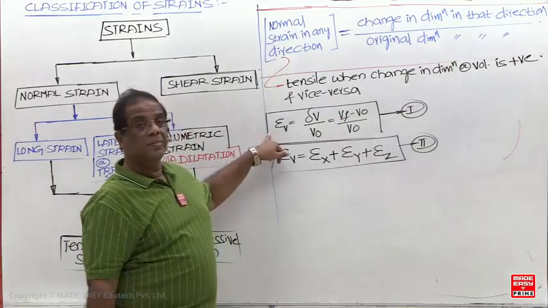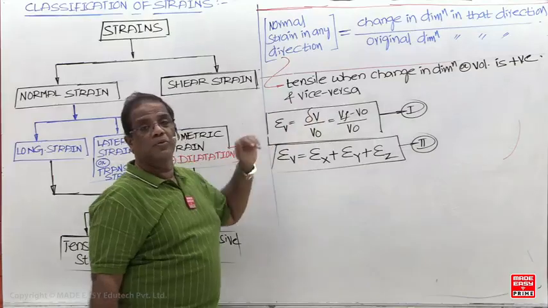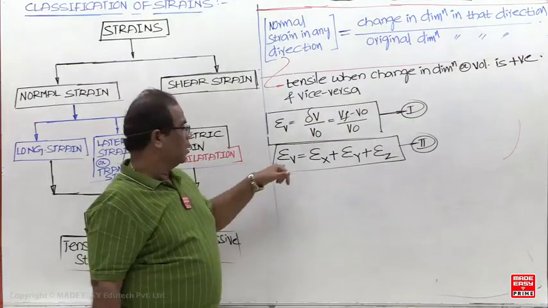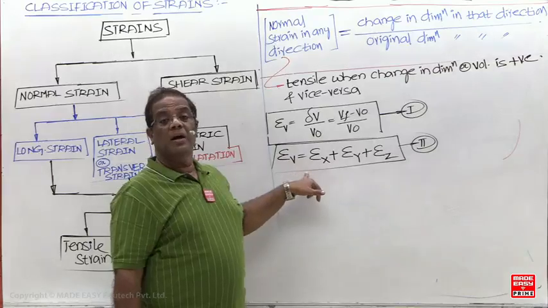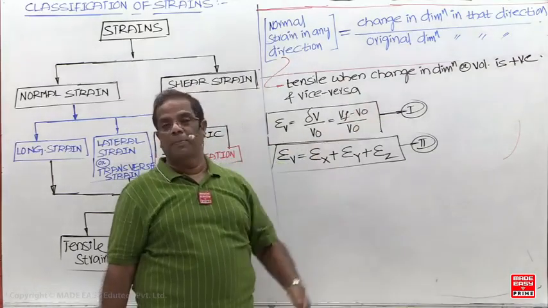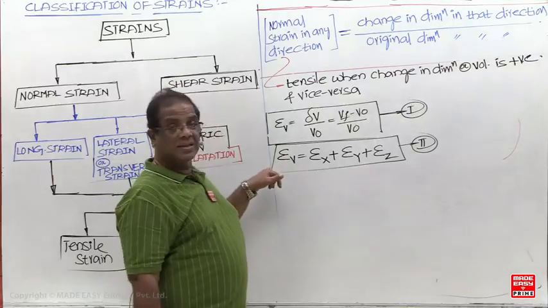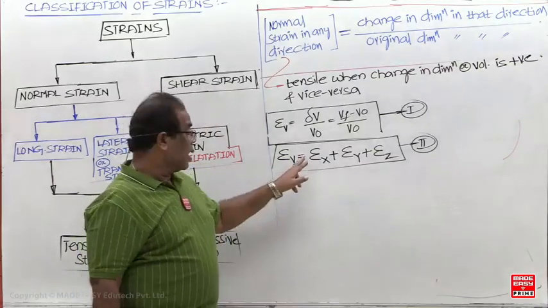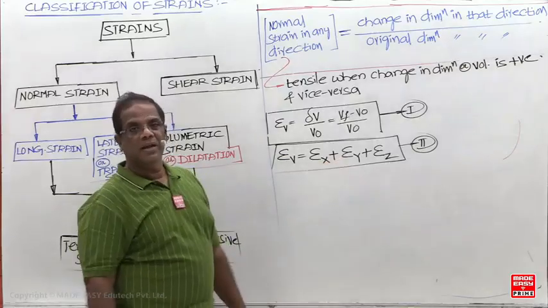Volumetric strain by definition means change in volume to original volume, but it can be obtained by the algebraic sum of the normal strains in three mutually perpendicular directions.